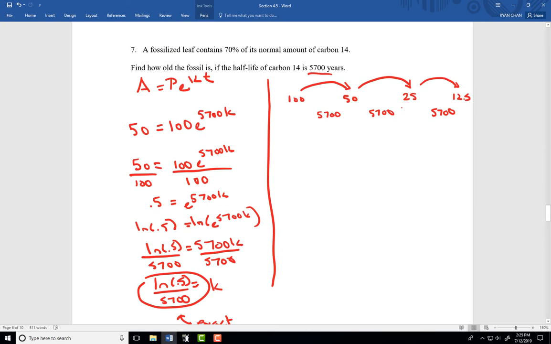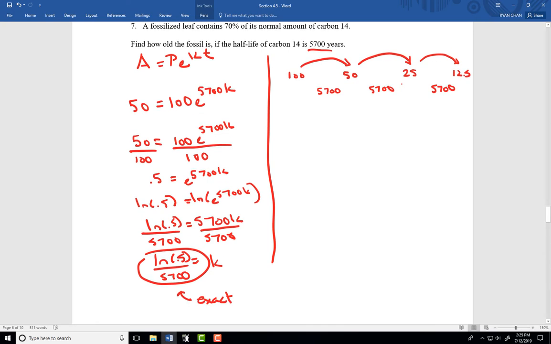Notice they're asking us what the time would be if it's 70%. Now let's think about it. 70% is like right here, so you can visually see this diagram. Does everyone see that? Since it takes 5,700 years to go to 50%, the answer will probably be less than that.